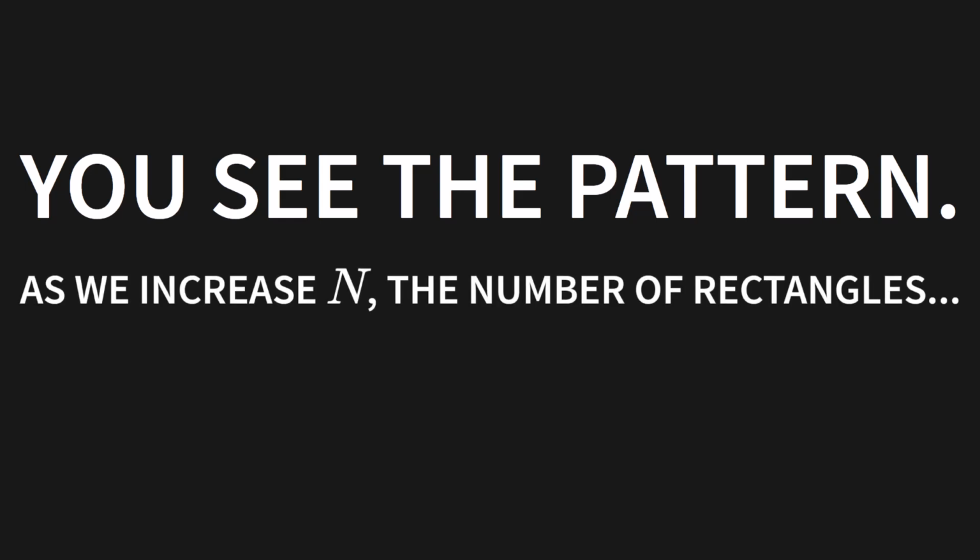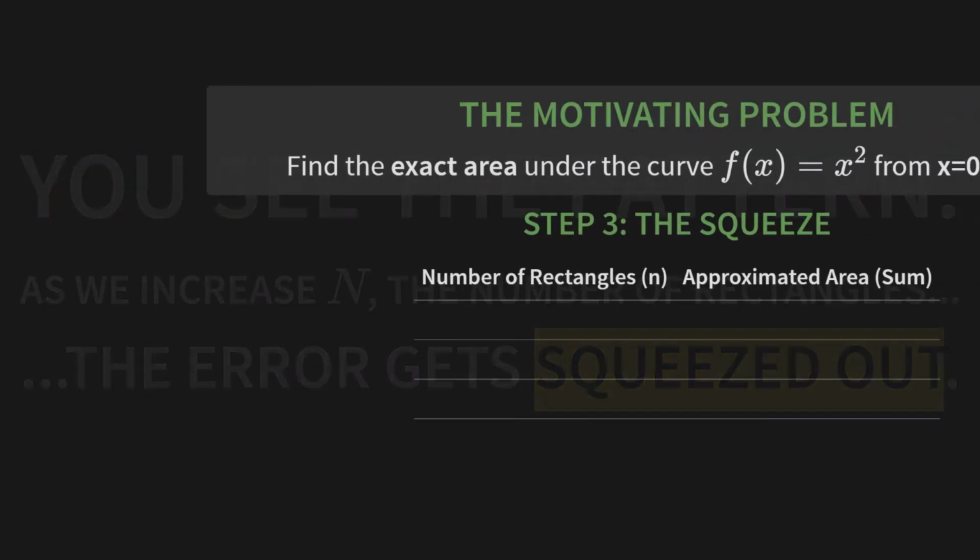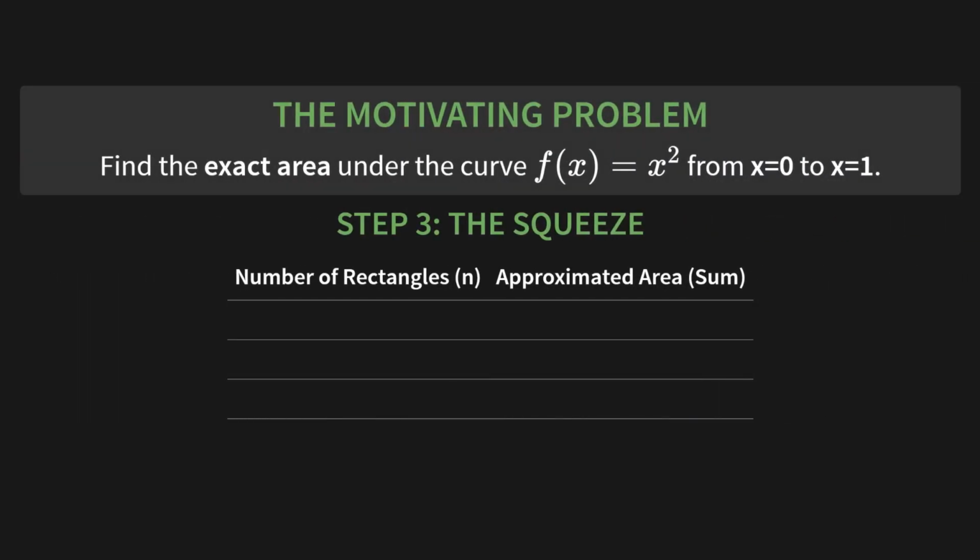You see the pattern here, right? As we increase n, the number of rectangles, the error gets squeezed out. Just look at this table. For step 3, we're doing the squeeze. When the number of rectangles, n, is 10, the approximated area is 0.385.